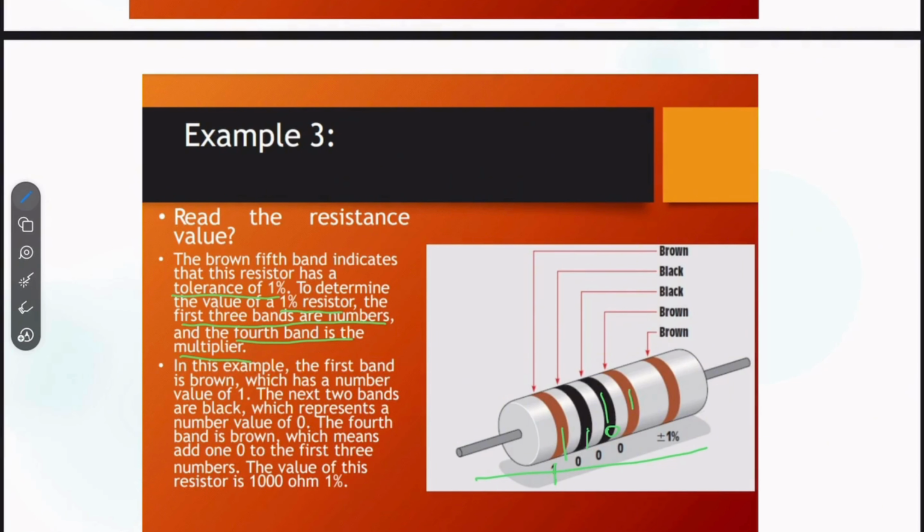The fourth band is brown, which is 1. So the value of the resistor is 100 times 10. The brown is 1, so the multiplier is 10 to the 1, which is 10, plus minus 1%. So the total value for this resistor is 1000 ohms plus minus 1%.